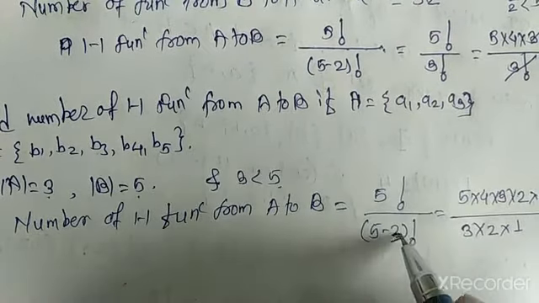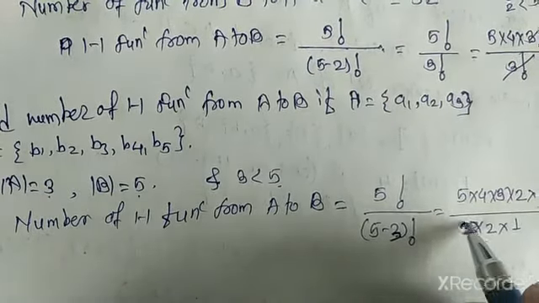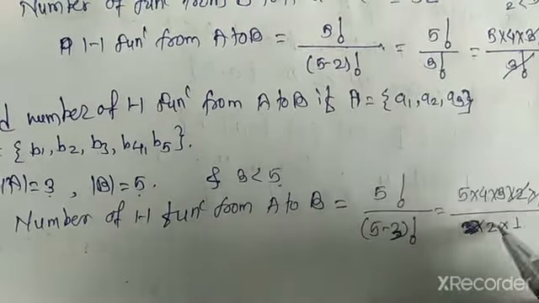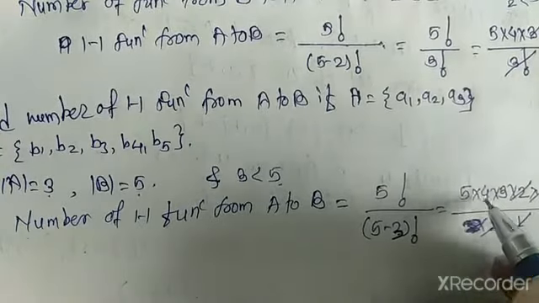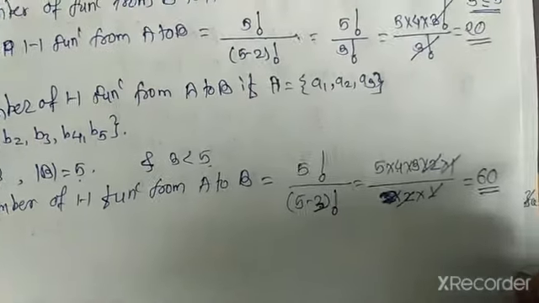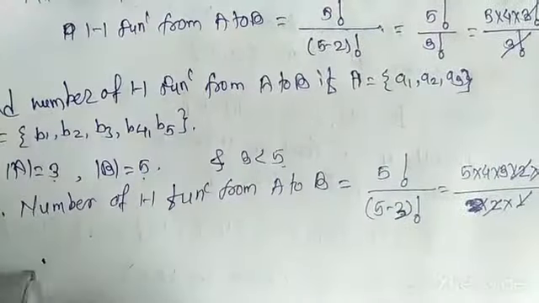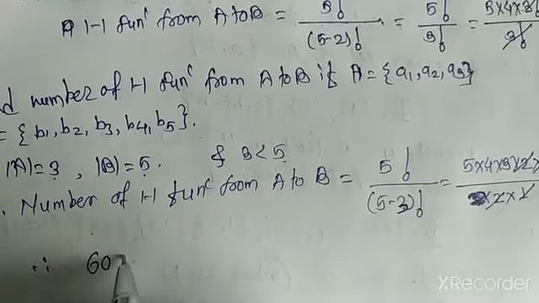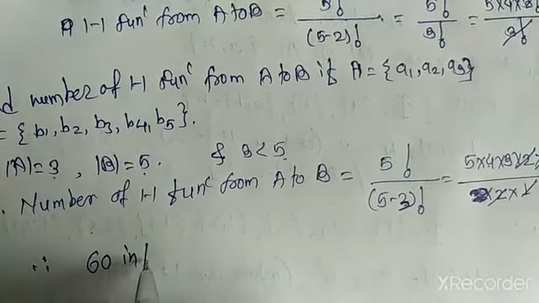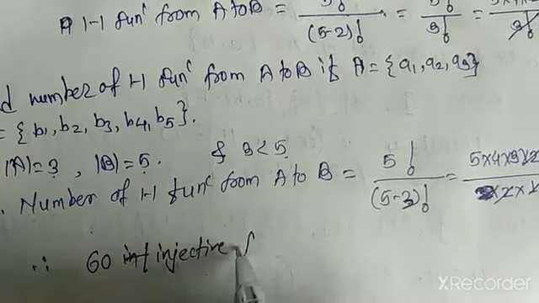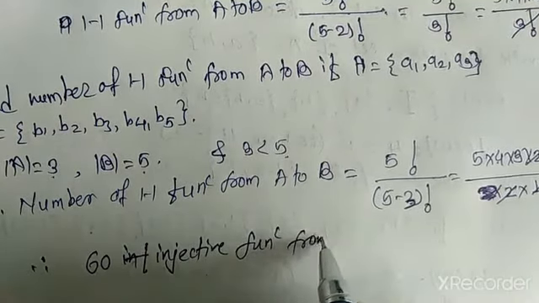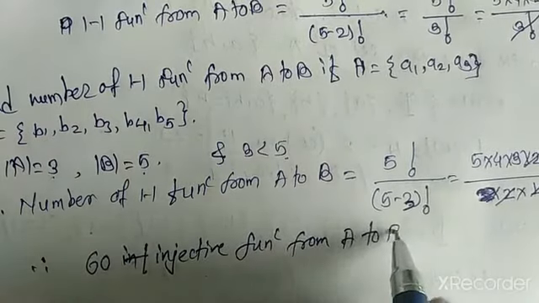The 2 gets cancelled, and it will be equal to 60: 5 fours are 20, into 3, which is 60. So there are 60 injective, or one-one, functions from A to B.